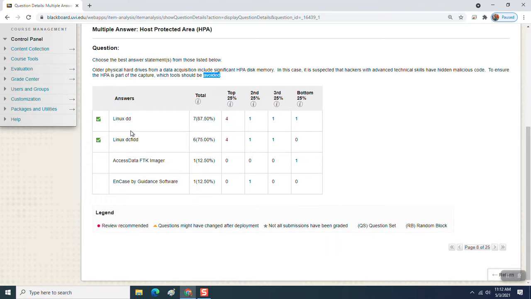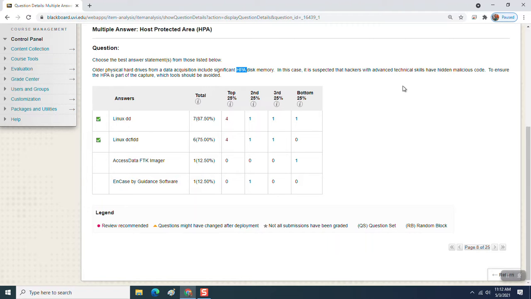The Linux DD tools are whole disk. You're grabbing an entire partition, but you're not necessarily grabbing the HPA area. So either version of DD would not be appropriate, they're blunt tools, and it's basically an all or nothing kind of thing.